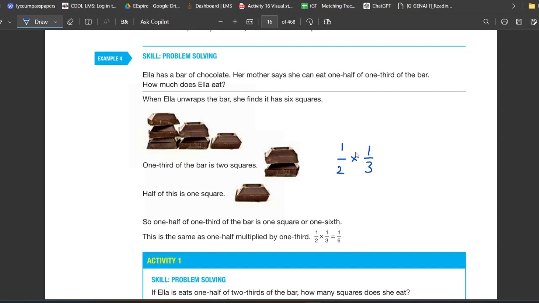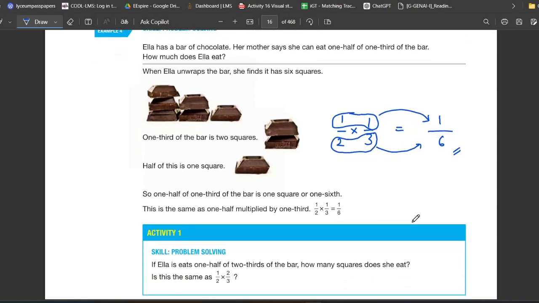What happens is we multiply the values that are in the numerator and put it in the answer's numerator. So 1 times 1 is 1, and then we multiply the numbers in the denominator and put it in the denominator. So 2 times 3 is 6. That's how we multiply fractions.